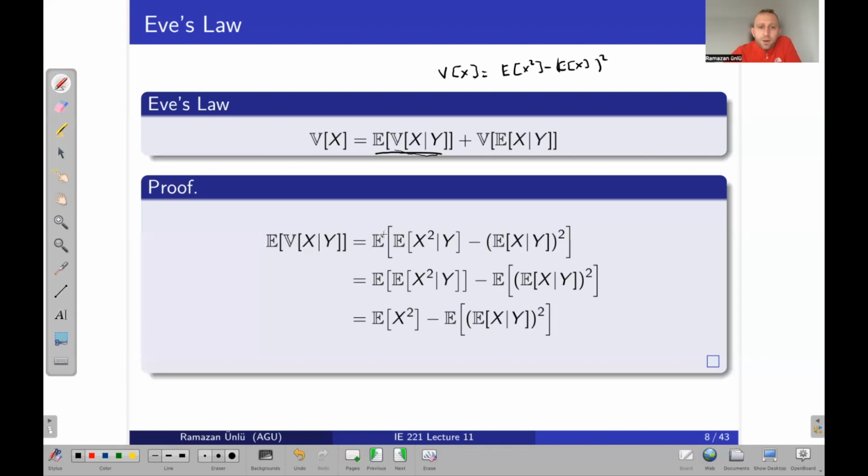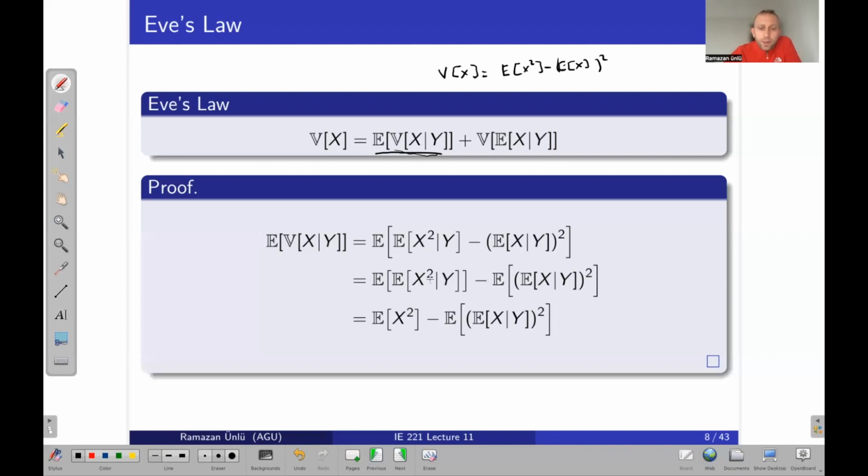As you know, the expectation operation is linear. So I can write this as the expected value of X squared given Y, minus the expected value of X given Y, squared. Okay.